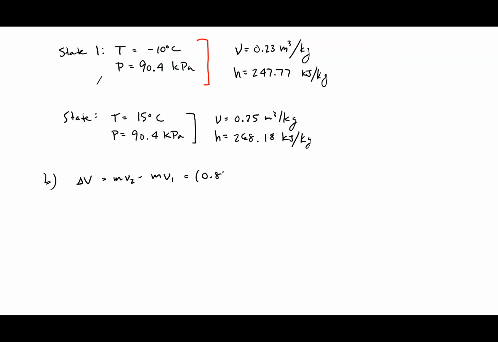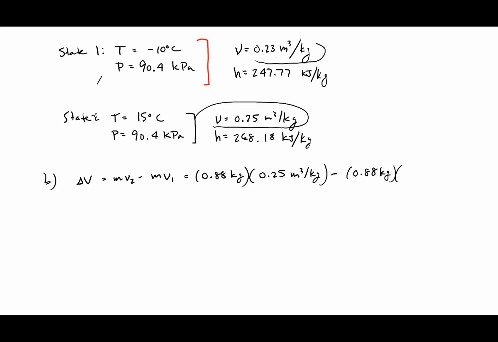So 0.88 kilograms multiplied by V2, the specific volume at state 2, which is 0.25 meters cubed per kilogram, minus the same mass, 0.88 kilograms, multiplied by the specific volume at state 1, which is 0.23 meters cubed per kilogram.